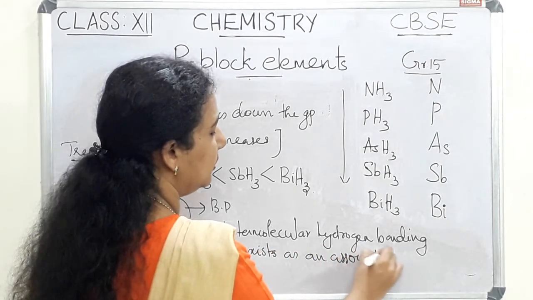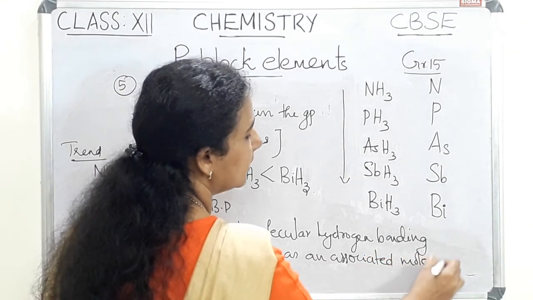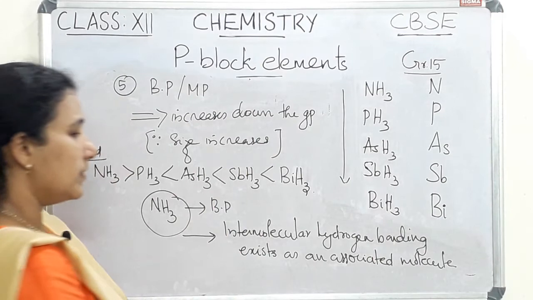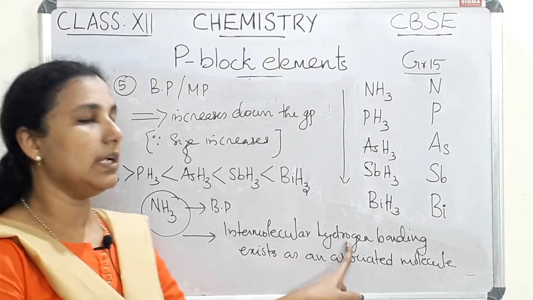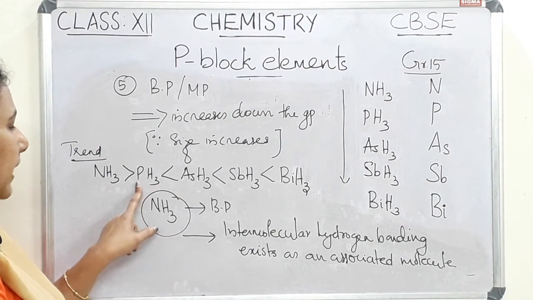So it is difficult to break, and more energy is needed to break the bonds. So since it has intermolecular hydrogen bonding, NH3 has a higher boiling point than PH3.